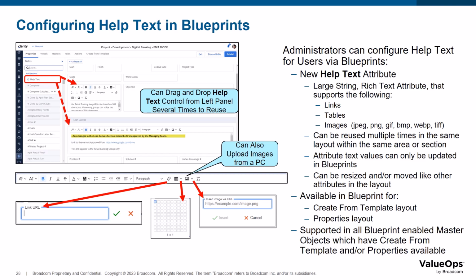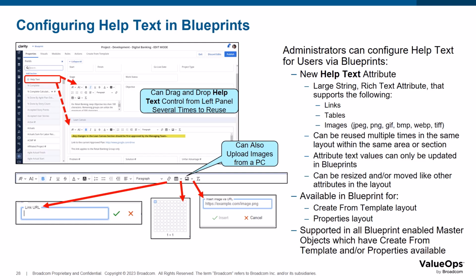I'm currently showing an example for the project object on the properties layout in the blueprint. The new attribute that's available is called help text, and you can see it bordered by the red in the left pane.